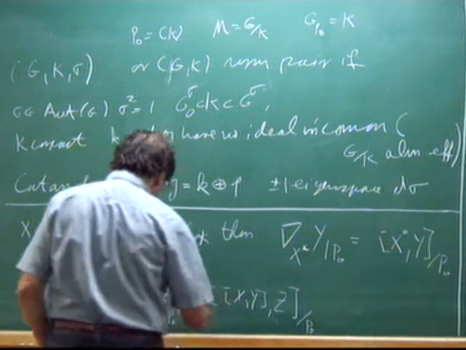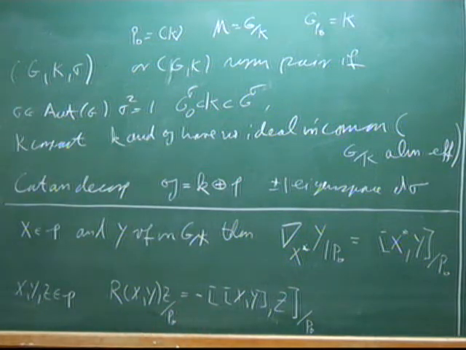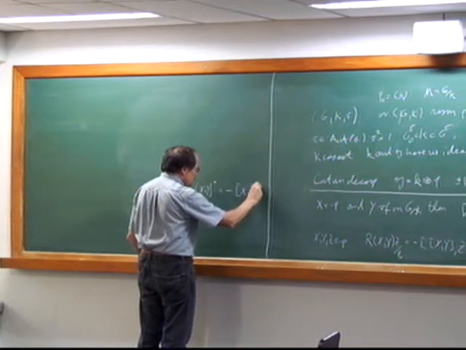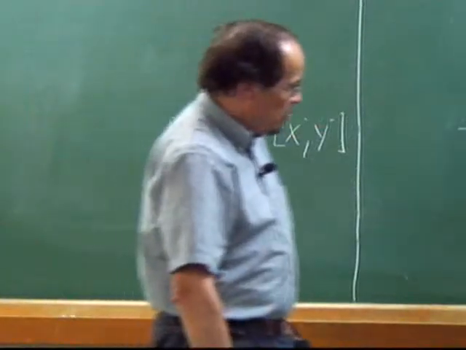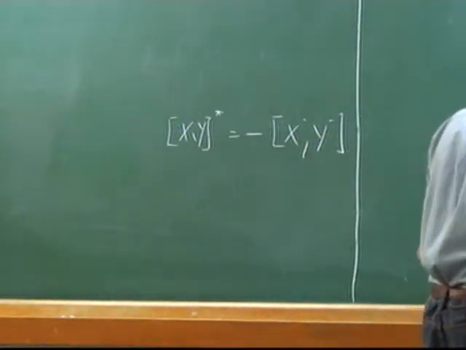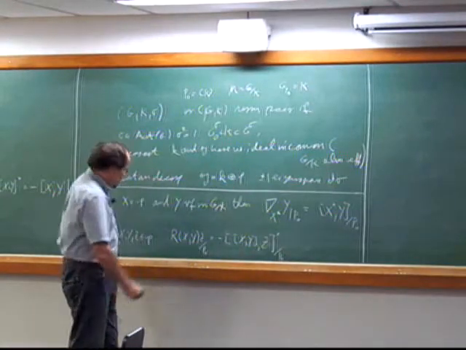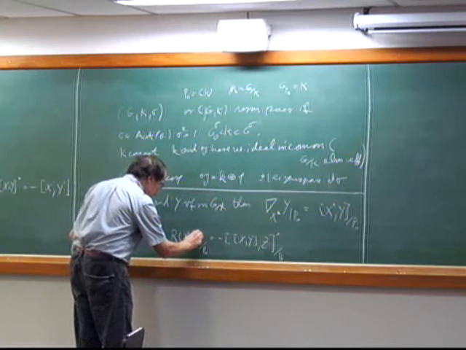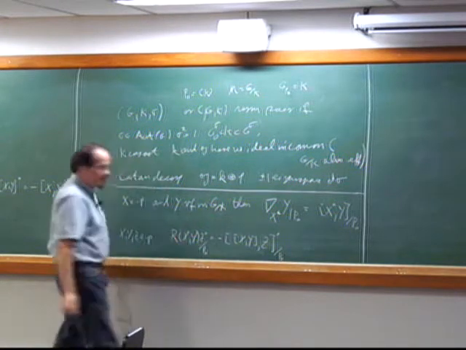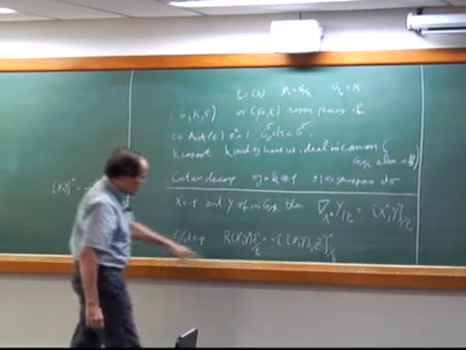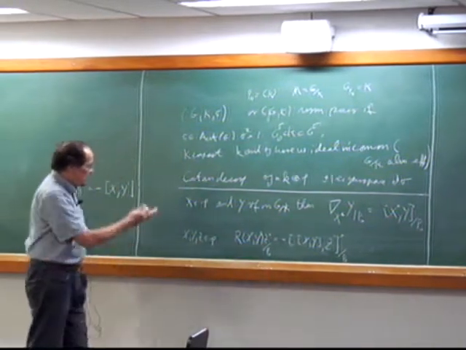Remember, there's an issue of whether I take the Lie brackets on the manifold or on the space, right? There was this issue that this is equal to minus X star Y star. So here I always want to interpret this as Lie brackets taken in the Lie algebra. If I want to put the stars there, I put a star here, and this would be a star there. So this would be precisely written down what it means, but one often leaves the star away. So I know the curvature at the point p naught, and therefore I know the curvature everywhere. Same with the covariant derivative.